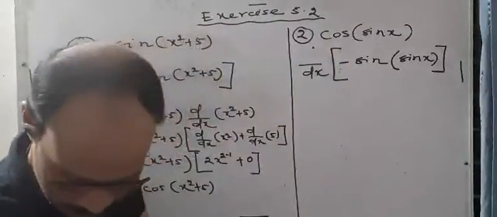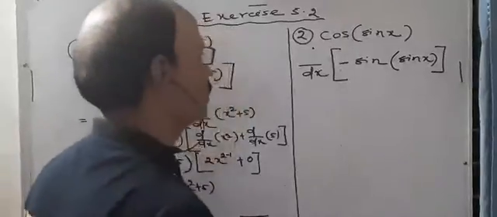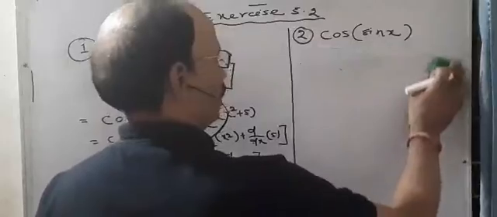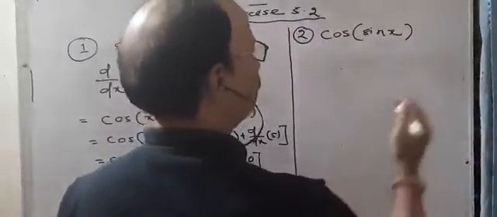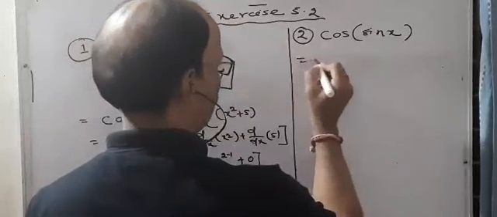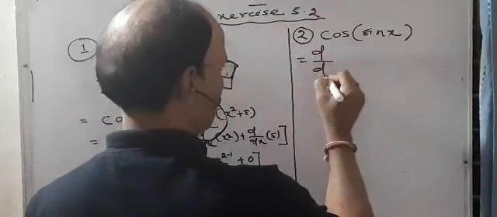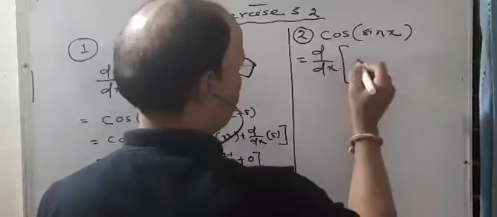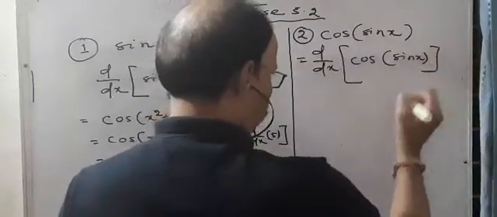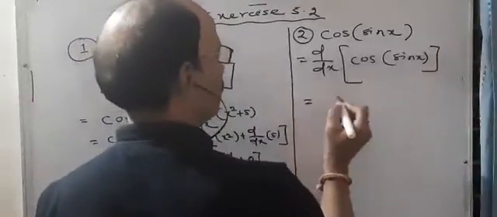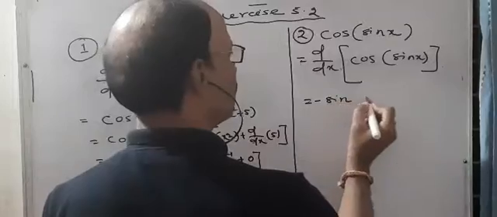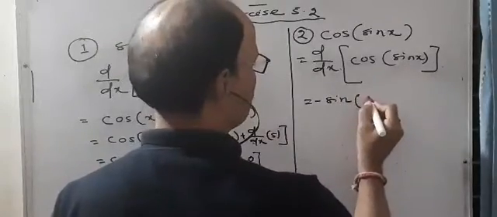First we have to write it, then this will be the second step. So this will be d/dx of cos(sin x), which will be equal to minus sin θ, that is sin(sin x).